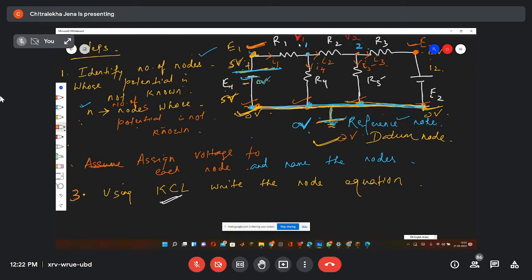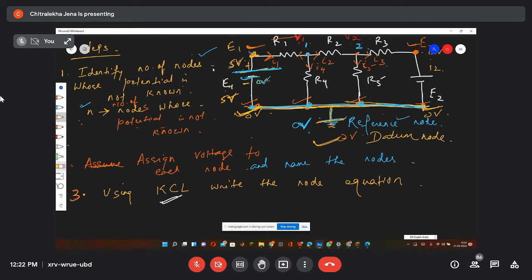Suppose V1 were known to you, then you could surely tell the direction. If V1 is less than E1, then the current will flow from E1 to V1. If V1 is greater than E1, then the current will flow from right to left. But as V1 is an unknown value, you assume it.